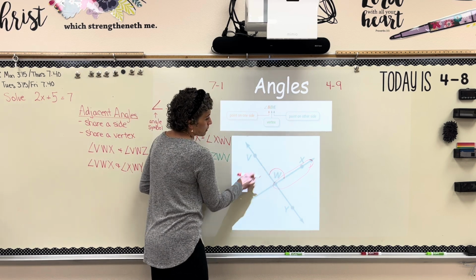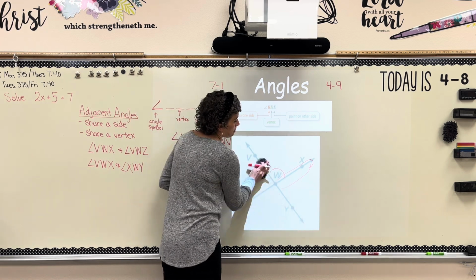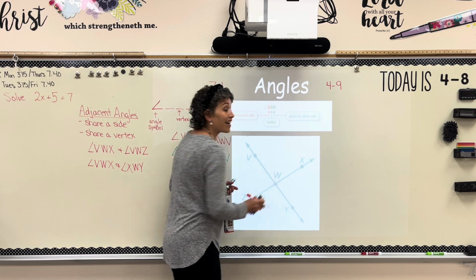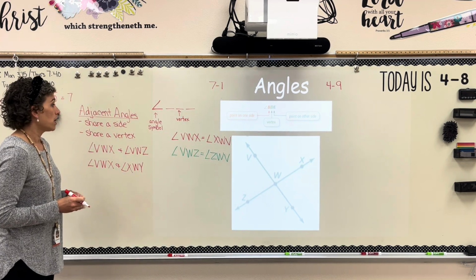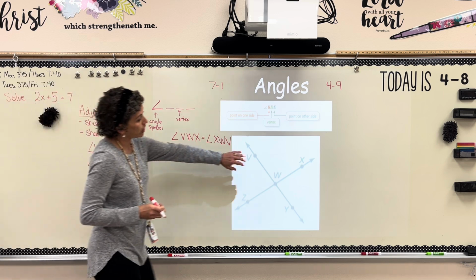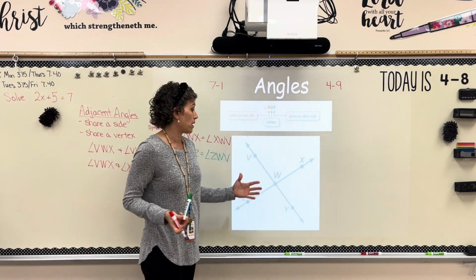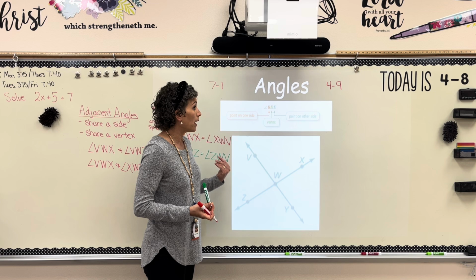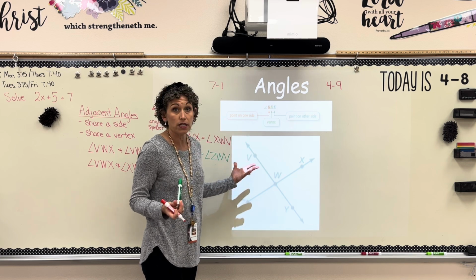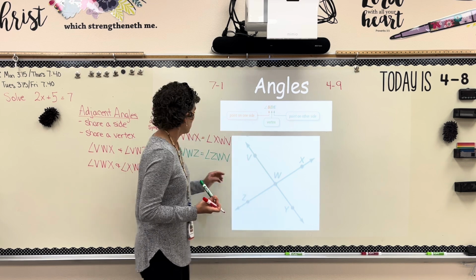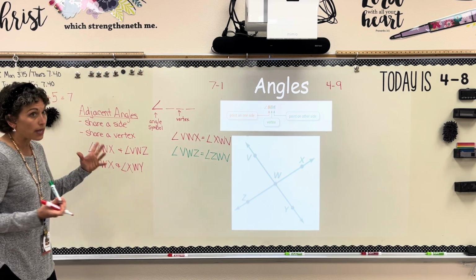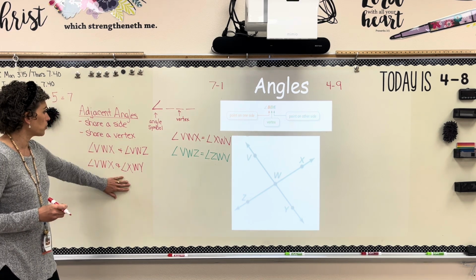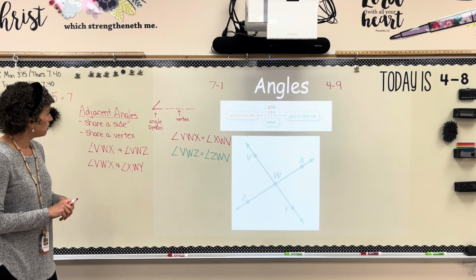It could go this way, it could go this way. But adjacent means they are touching. It does not tell us when they're adjacent. We don't know if it adds up to 90 degrees, 180, 170, we don't have a clue, okay? But these add together, or could add together, okay? And we're gonna look at some problems like that.